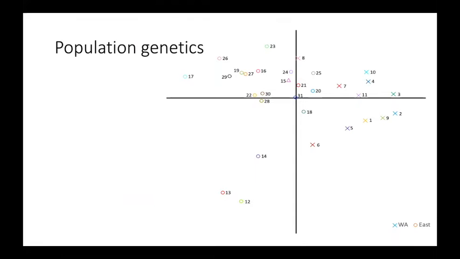So when you're starting your breeding program, it's good to know what you're starting with. And so I've been looking at the population genetics, and I got samples from between 2 and 78 colonies from 31 different beekeepers, and I used 9 microsatellite loci to look at the population genetics within those breeders.